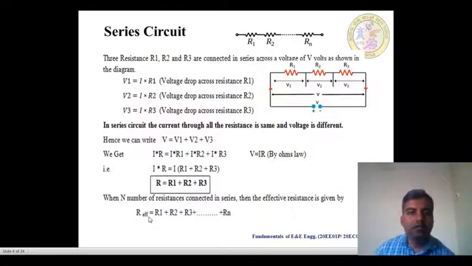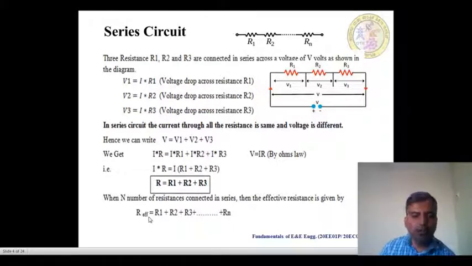Here the voltage drop across R1, we can write V1 equal to I, that is the total current, into R1. Similarly V2 equals I into R2, and V3 equals I into R3. We know that the total voltage applied equals the total voltage drop in the circuit, that is V1 plus V2 plus V3.